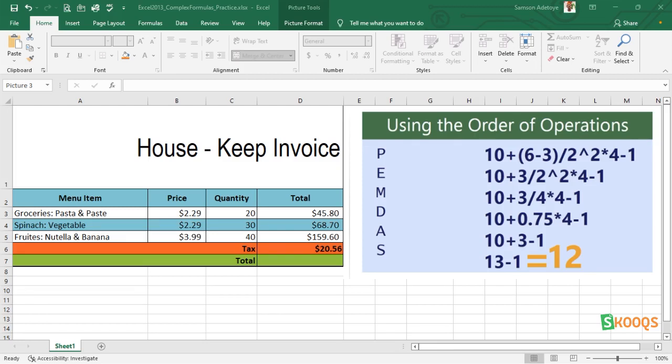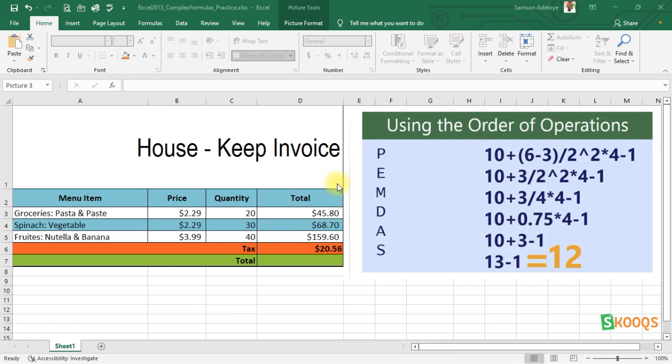So Excel knows how to use this order of operations. Whenever it calculates a complex formula, that is the order it must take so that you can get the correct answer. It's very important you remember the order so that you can create formulas that will give you the correct answer.